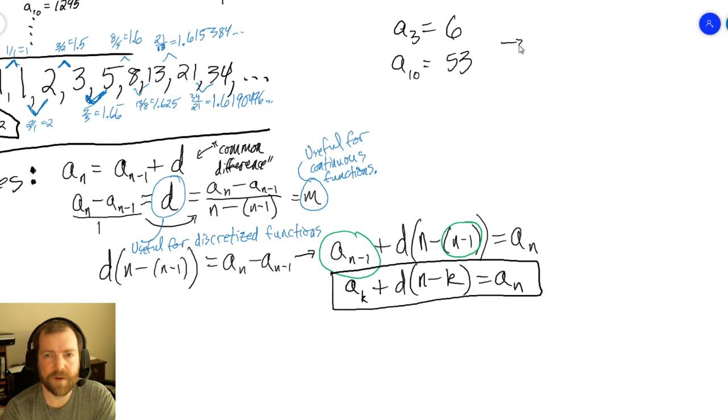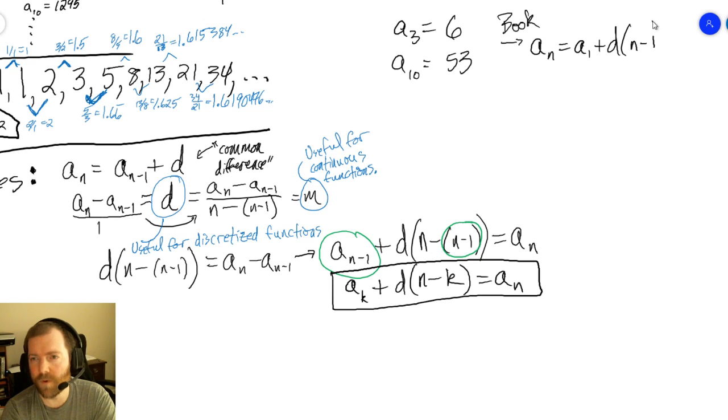So the book is going to insist that a sub n is equal to a sub 1 plus d times n minus 1. And it's very prescriptive. You're supposed to figure out this formula right here. And I told my students after a while, no, just do it with this one. Figure out an anchor point.